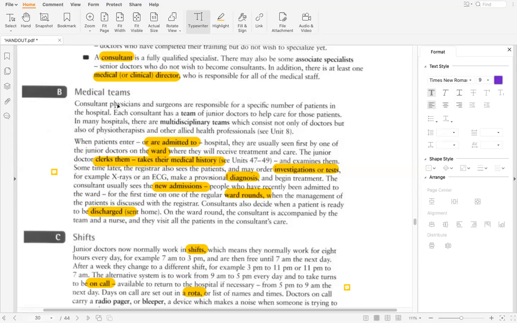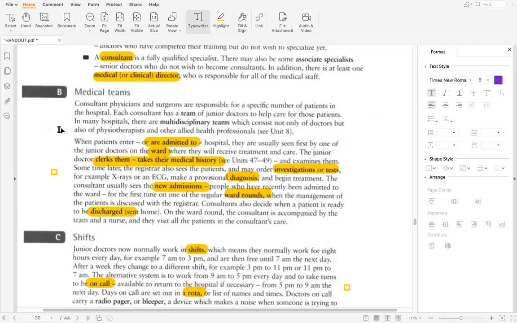So we have physicians and we have surgeons. In many hospitals, there are multidisciplinary teams, which consist not only of doctors, but also of physiotherapists and other allied health professionals.